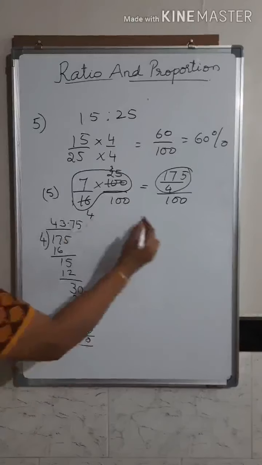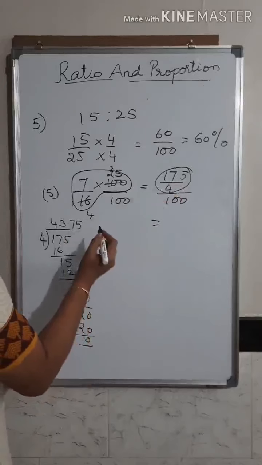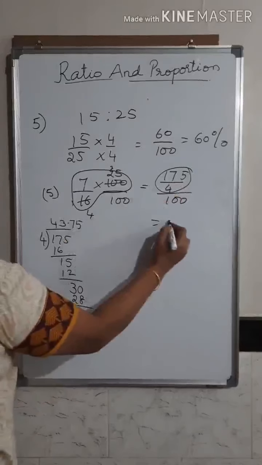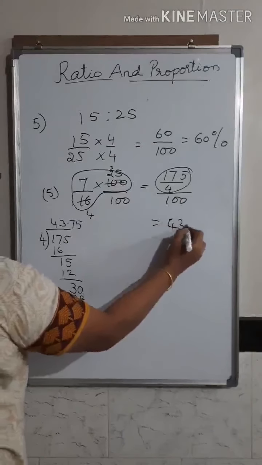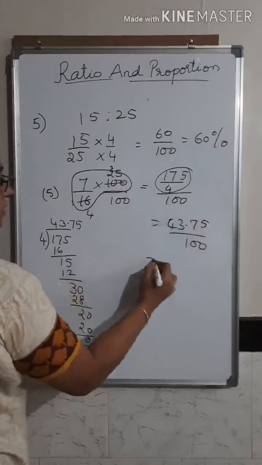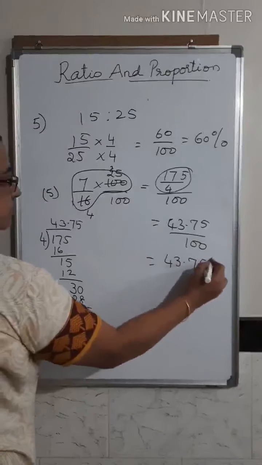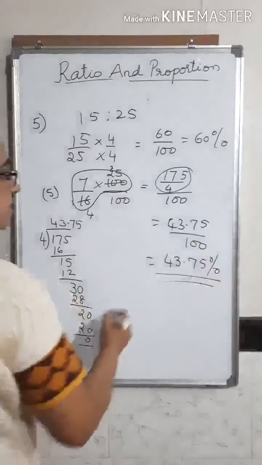So what you have got here, when I have divided this, is 43.75, and this 100 write it as it is. So this will be 43.75%. So this is how you have done the conversion.